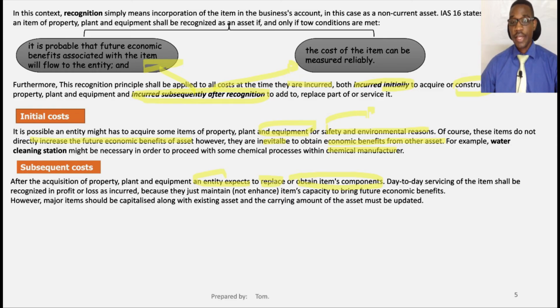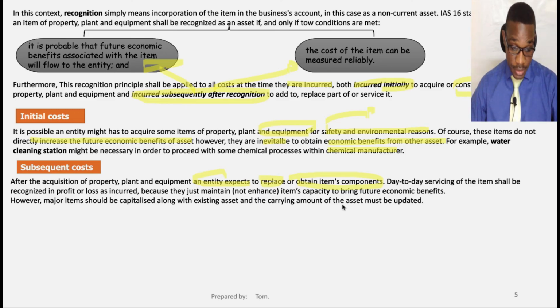These very tiny expenses we cannot capitalize, but we expense them out in the profit or loss account, because they do not change the asset significantly.